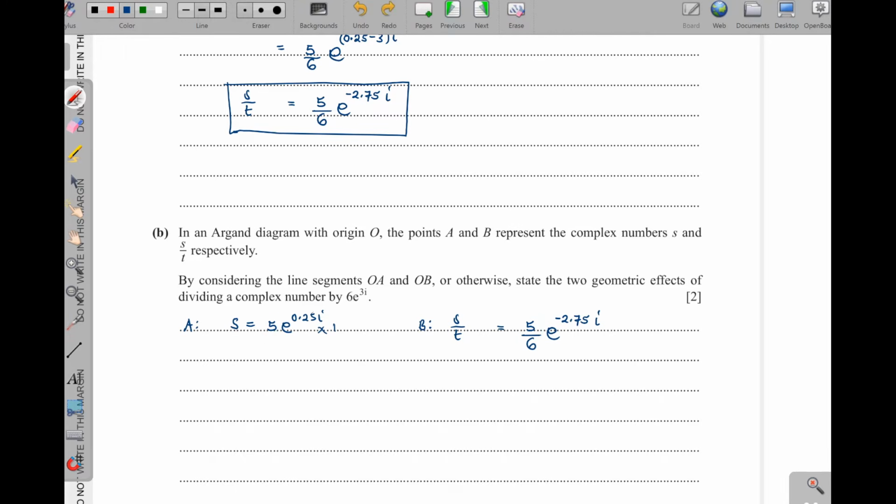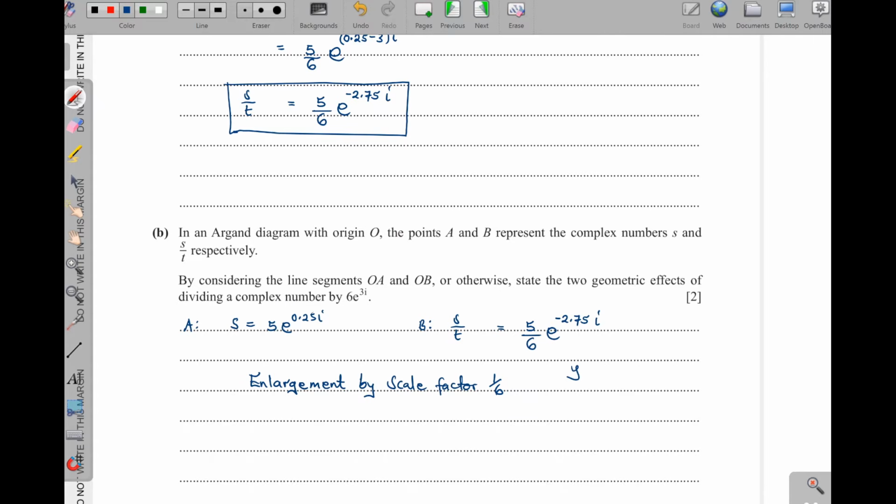So in that case, I will have enlargement by scale factor 1 over 6.